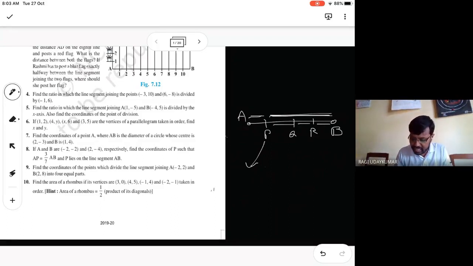So this is 1 part and this is 3 parts. So P divides AB in what ratio? 1:3 ratio. Is the question understood?